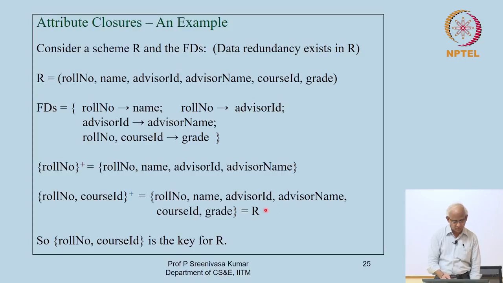So, that will become equal to R. So this is one way of getting hold of the keys of a relation: to focus on those attribute sets whose closure is the same as R, given that you know the functional dependencies.